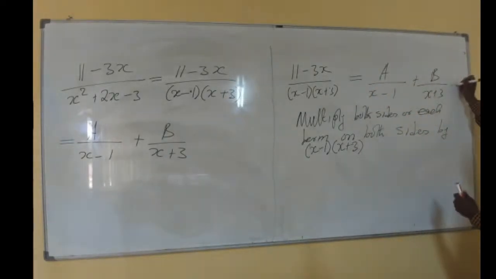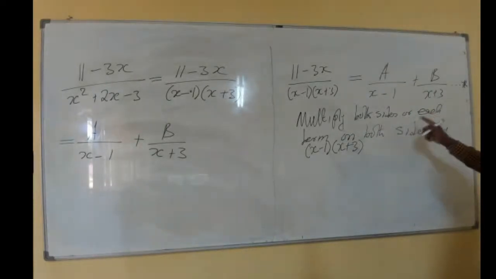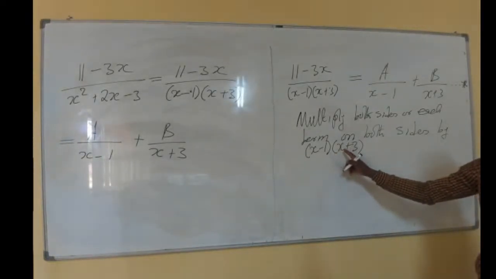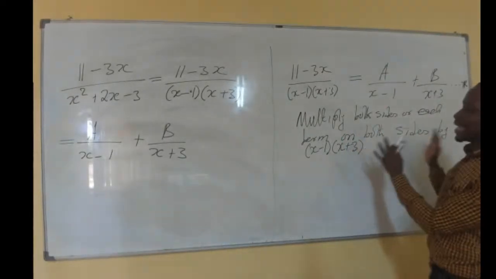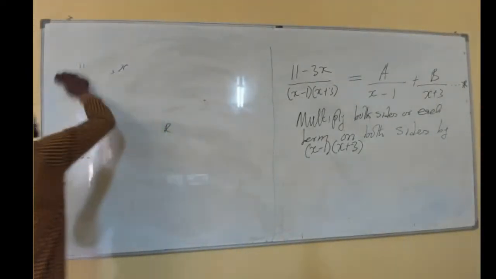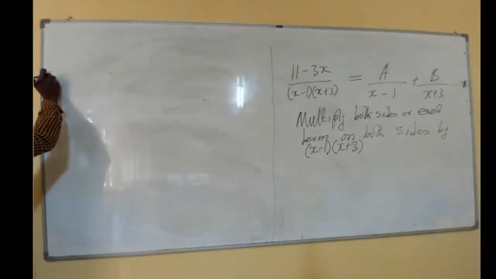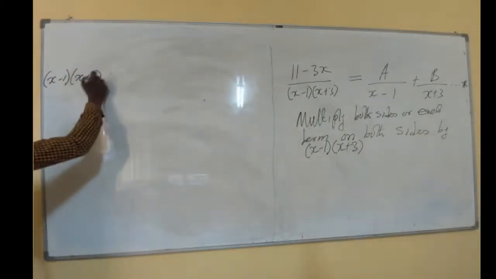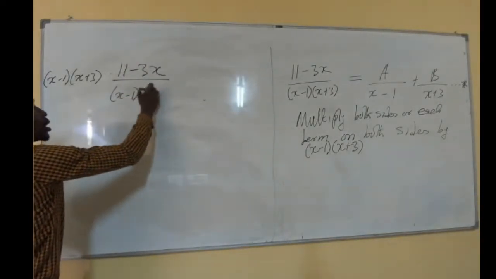If we multiply both sides of that expression by (x minus 1) times (x plus 3), on the left hand side we have (x minus 1)(x plus 3) multiplied by (11 minus 3x) divided by (x minus 1)(x plus 3).